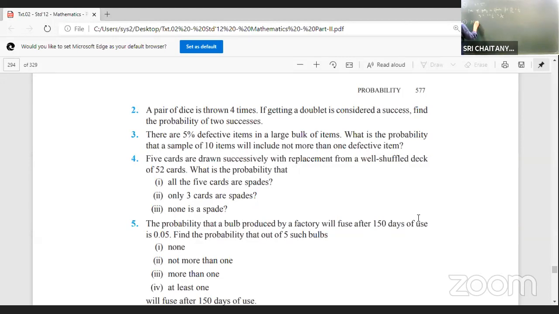P of x is equal to 5, which is equal to 5c5 into q to the power of 5 minus 5 into p to the power of 5. Now, 5c5 value is 1 and 1 by 4 to the power of 5 is the answer. Now, the second one, it is only 3 cards are spades.